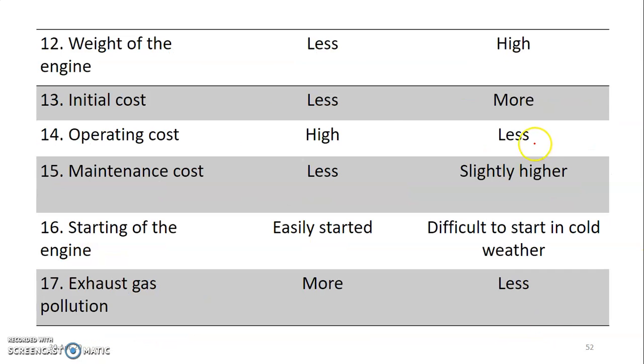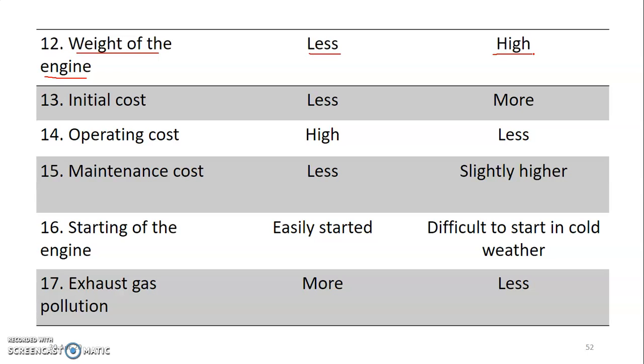Next, we have a few more comparisons. Weight of the engine: which engine has more weight? The petrol engine weight is less, and the diesel engine weight is high, because we need a separate fuel injector in the case of a diesel engine. We have a number of fuel injectors based on the number of cylinders used in the engine.